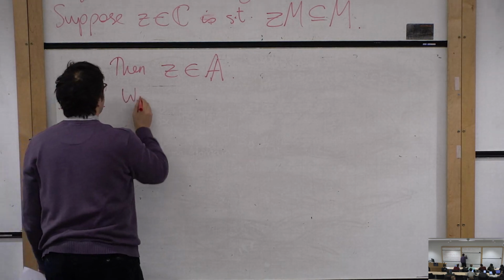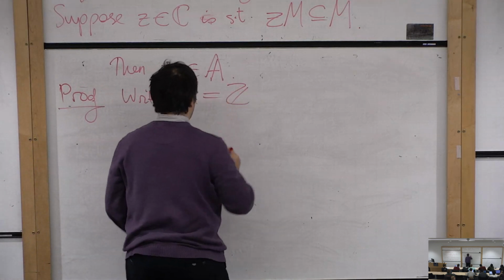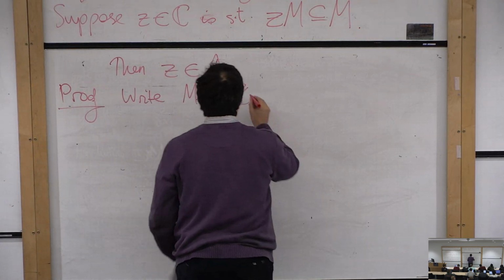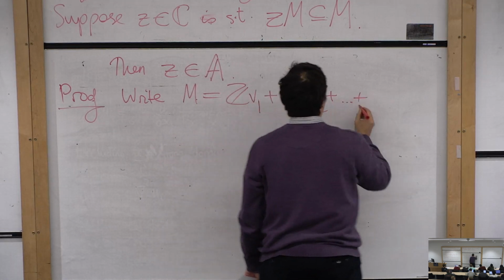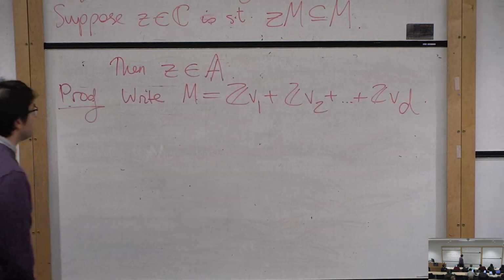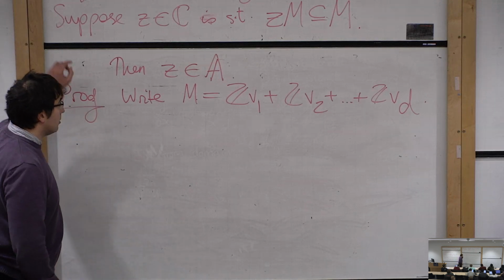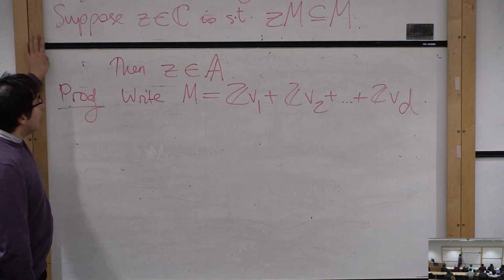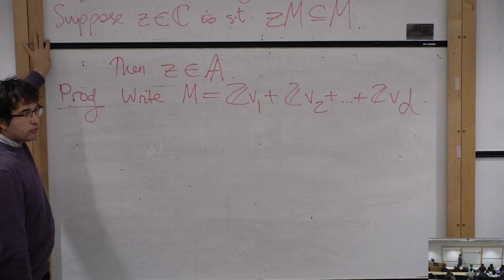So write M in this way, which we can. It doesn't matter that the b_i are a basis for M as a Z-module, although if you are completely on top of your rings and modules material, and I'm sure all of you are, then you will remember that a finitely generated torsion-free module is free, so you might as well choose a basis, but it doesn't matter.